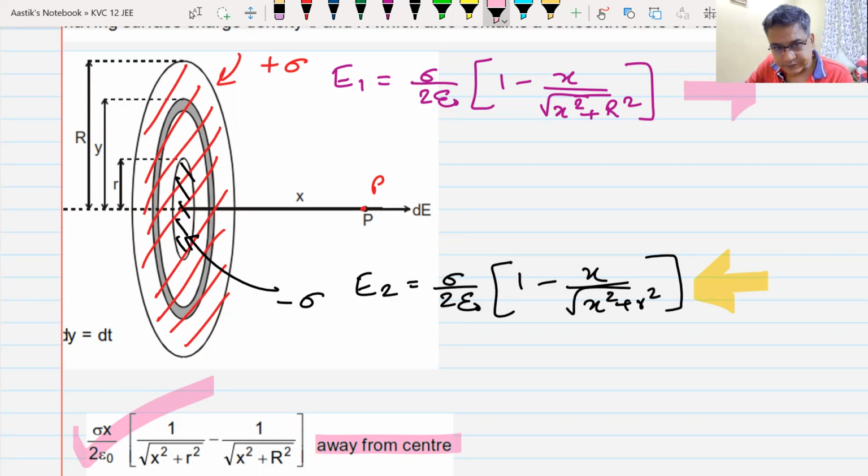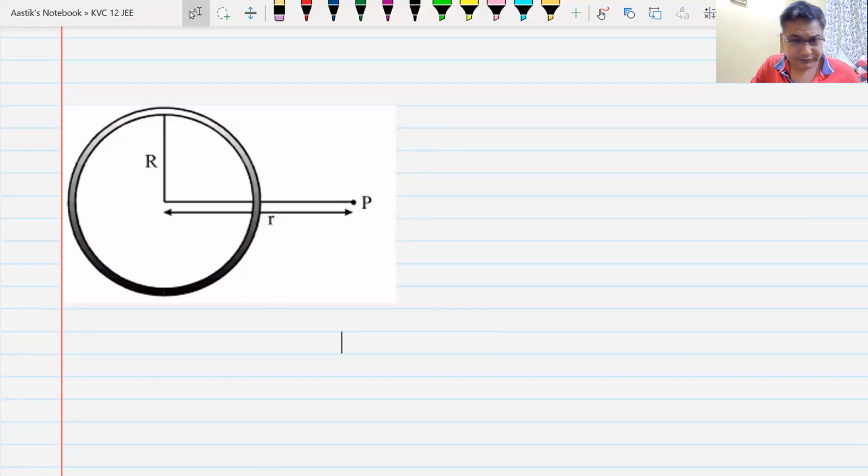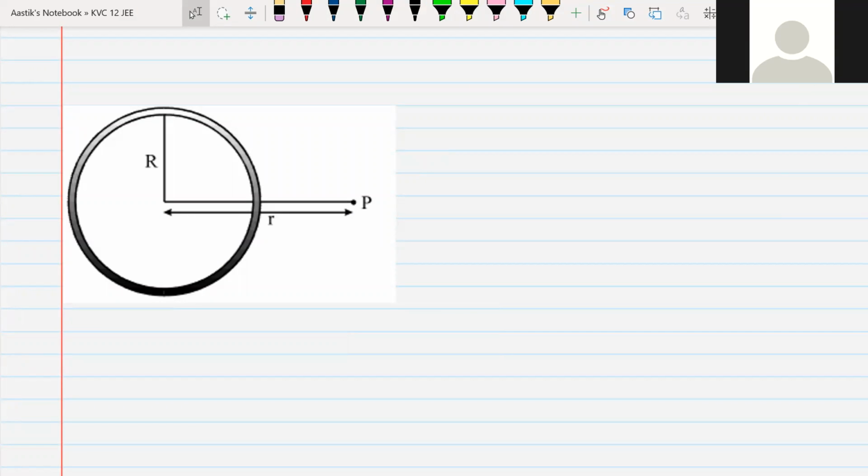All of us must know this. Now, what is this? This is not a disk.